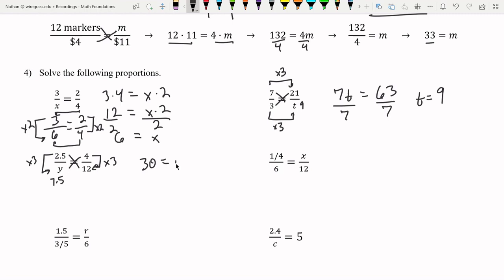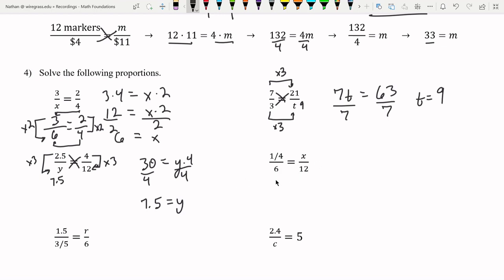And y times 4, you've got to write it as y times 4 or 4y, kind of like how I wrote 7t here. Now I can just divide by 4, and 30 over 4 is the same thing as 15 over 2, or 7.5. And that does indeed check out.